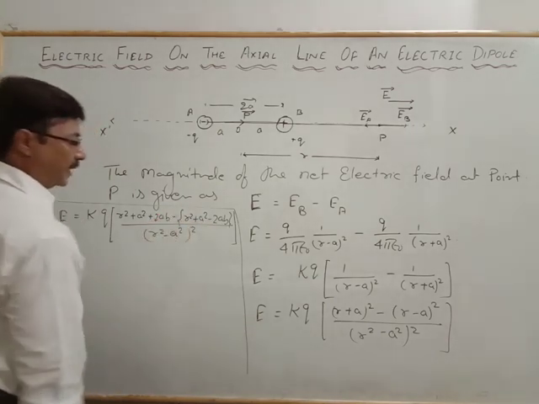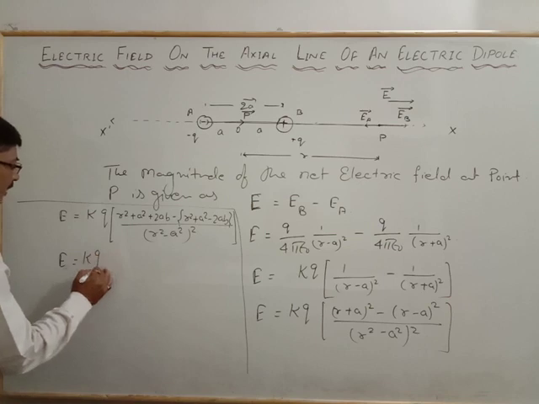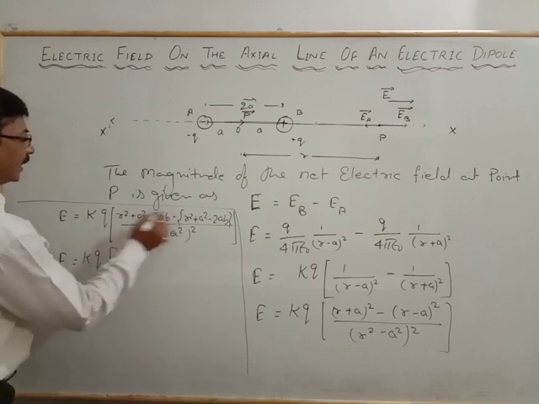Minus plus minus. So we have the relation E is equal to KQ, and here r cancelled.